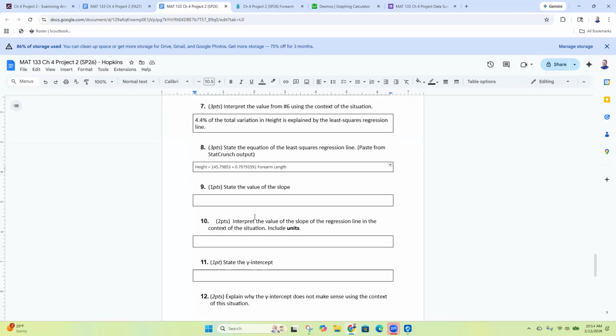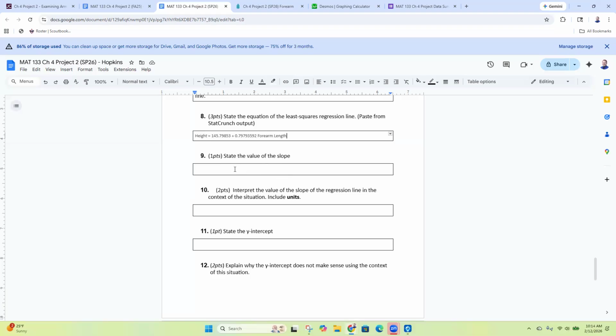Okay, let's keep going. State the value of the slope. So my slope in this case is 0.798. That's this one, right? Interpret the value of the slope of the regression line in the context of the situation, include units. There's a script for that on page 255. It goes like this: if, and then you write out what x is, for arm length increases by 1 unit.